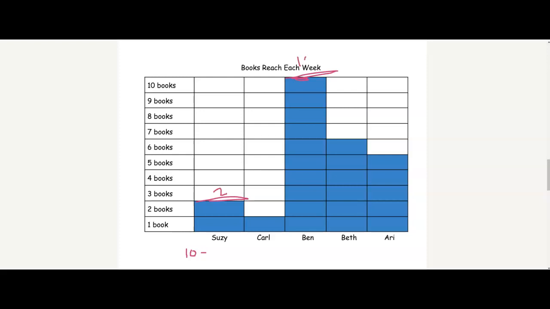So 10 minus 2 would equal what? Yes, you're right. It's 8. So the difference between the amount that Susie reads and Ben reads is 8 books.